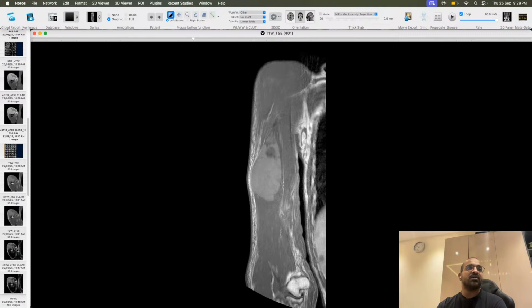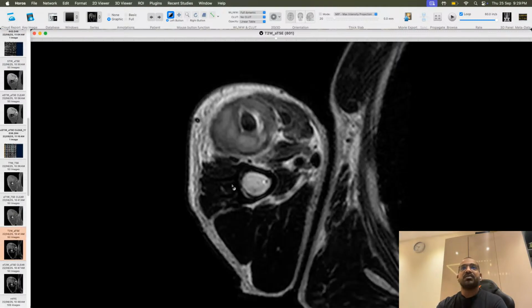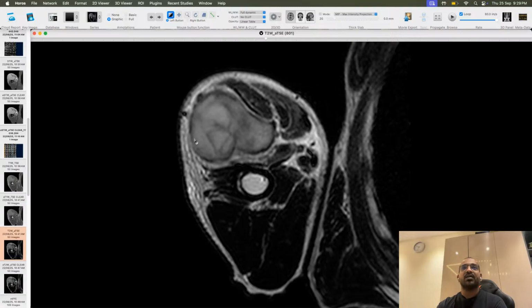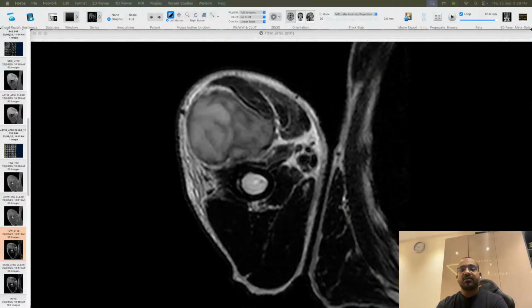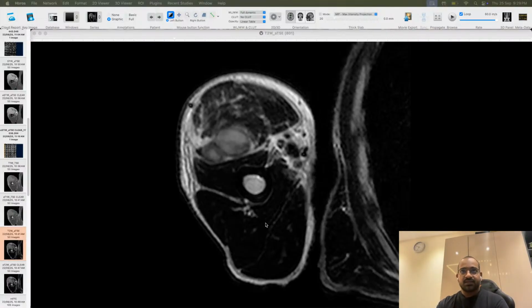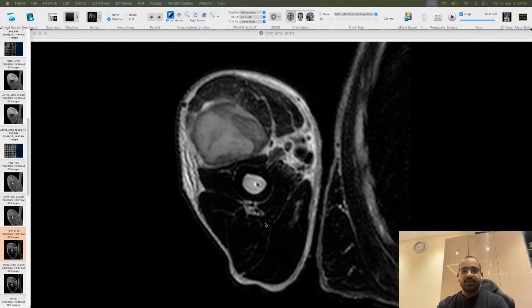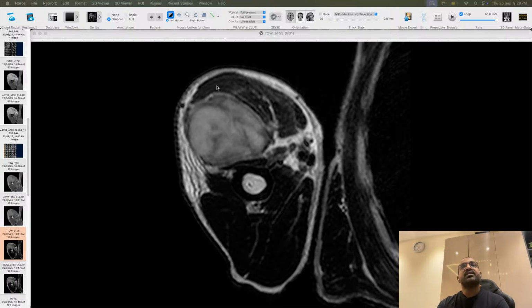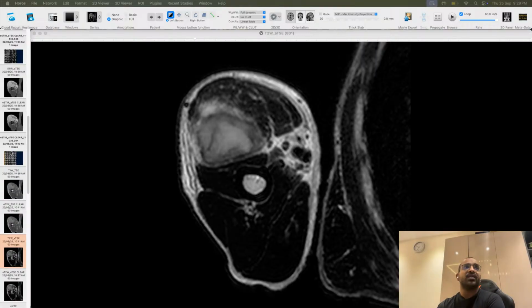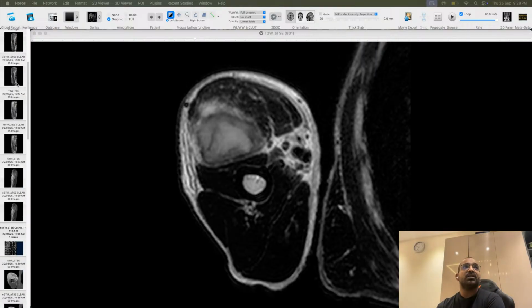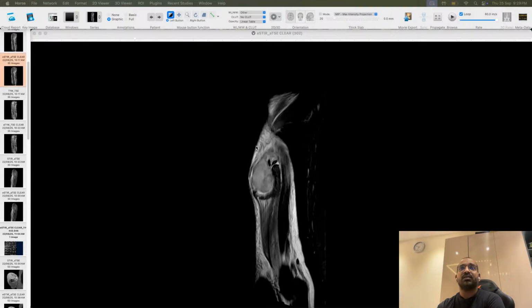And I'll next show the T2. How is it on T2? It is hyperintense. It is hyperintense on T1 and T2. So what can it be? It can be a hematoma. Where is it sitting? It is sitting in the flexor compartment of the arm. I'll show you the sagittal.